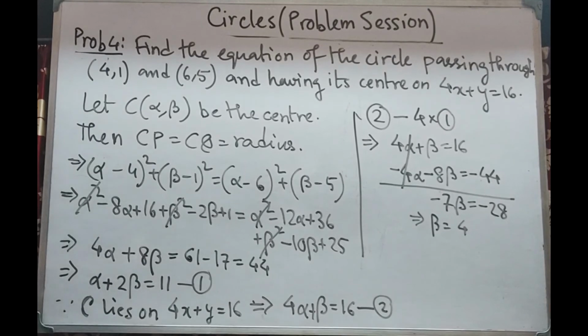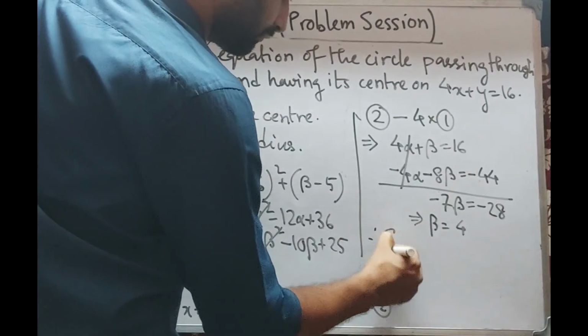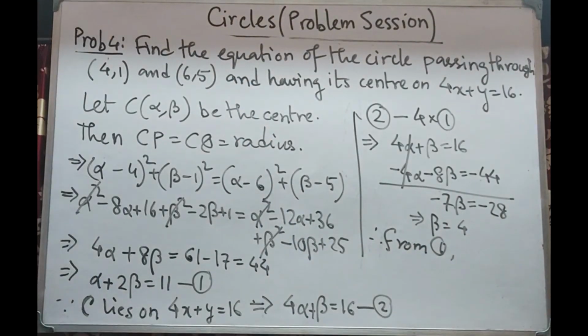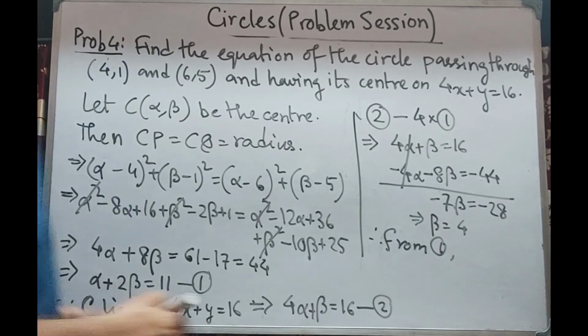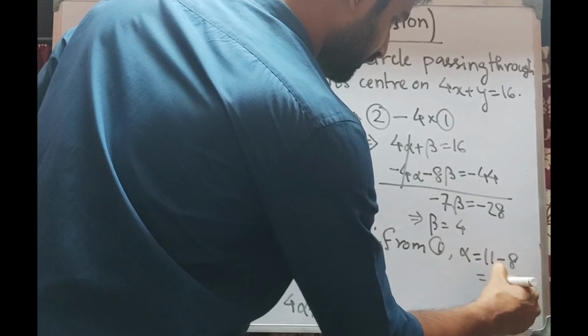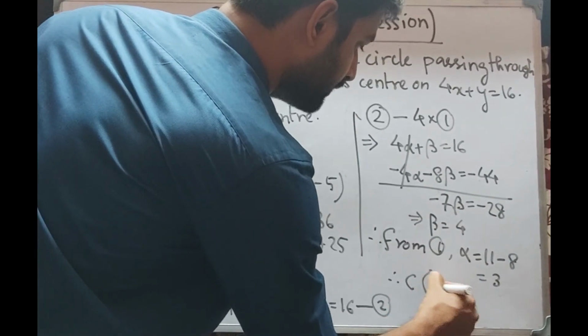And if you put the value of beta anywhere, say in 1, we are having alpha is equal to 11 minus 2 beta, means alpha is equal to 11 minus 8, that is 3. So we can say C, the center, is (3, 4).